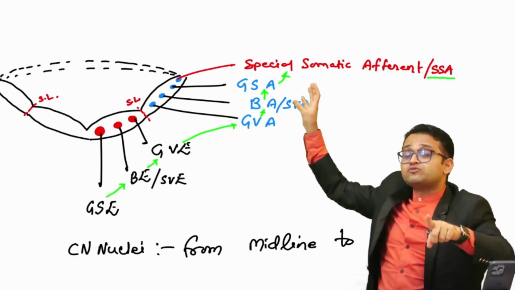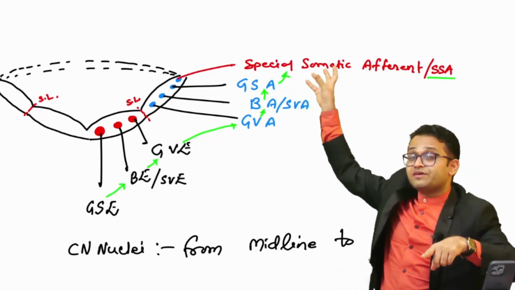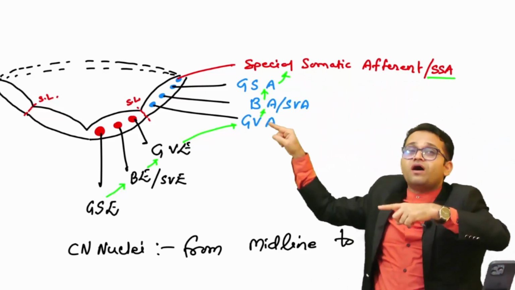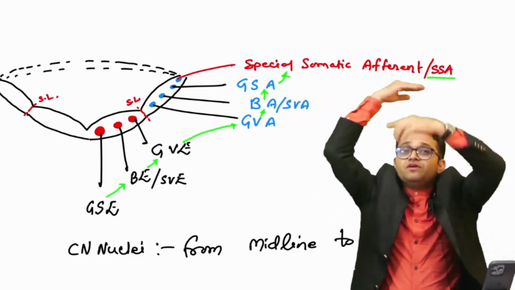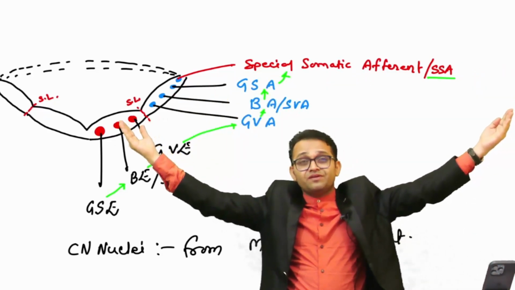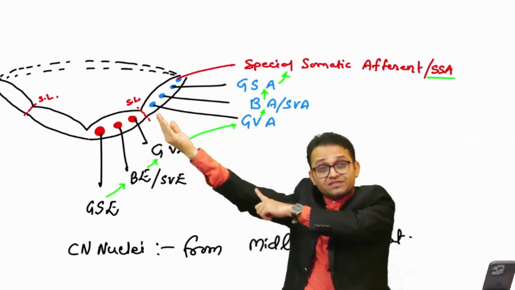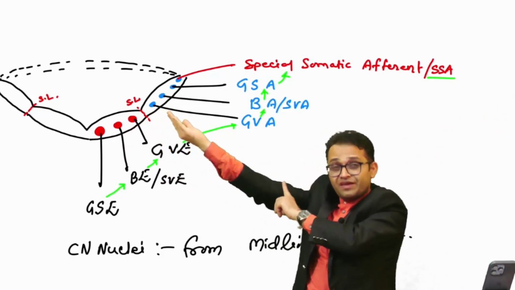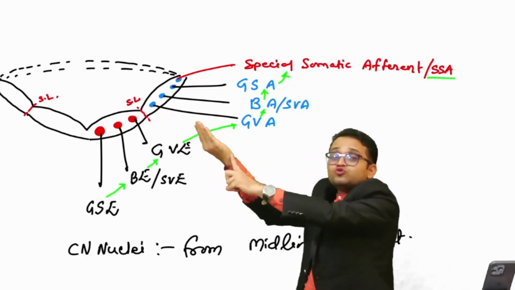But we are talking about the nuclei, so the eighth cranial nerve will develop here. So it is the latest. So gua, ba, gussa, and sasa. But this is getting open. So at the midline is the motor nucleus, and at the lateral side is the sensory nucleus. So what is the sequence? Gusse, be, gue, gua, ba, gussa, sasa.